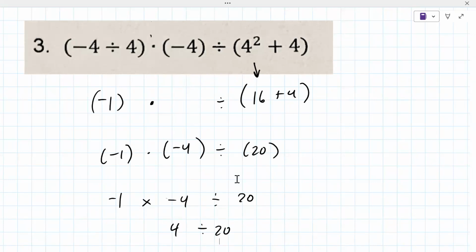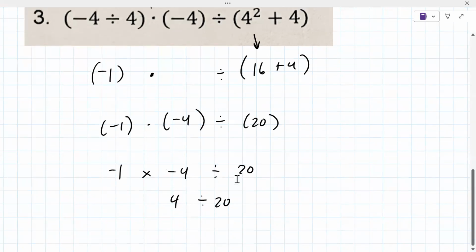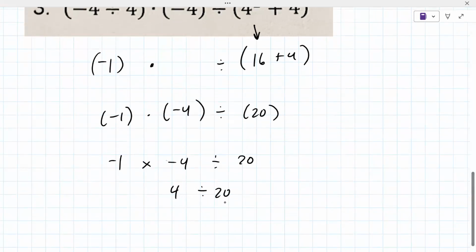So it would be 20 divided by 4, so it equals 5. No, order matters. It's 4 divided by 20, not 20 divided by 4. This is 4 over 20.